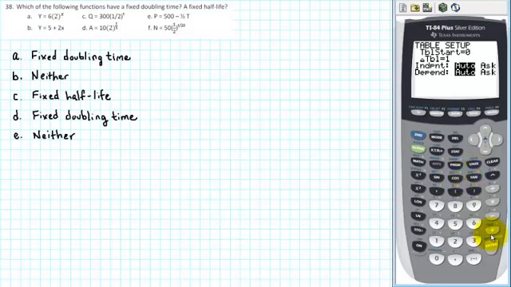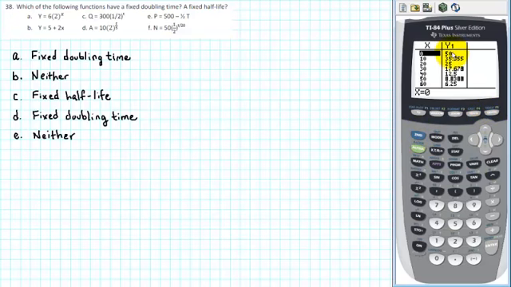Instead of incrementing by 1, let's increment by 10. We go back to our table, and we can see that the y value is cut in half from 50 to 25 over 20 units of x. So as x increases by 20, the y value is cut in half.